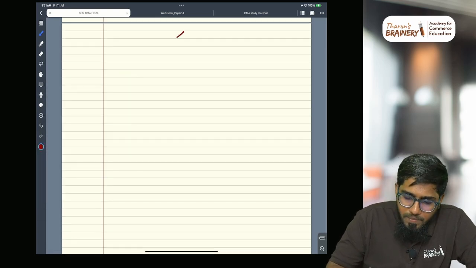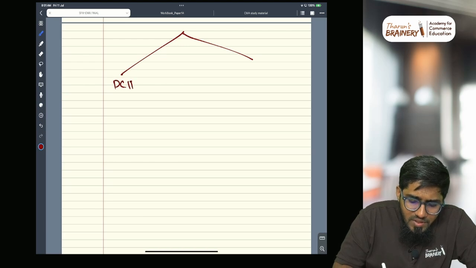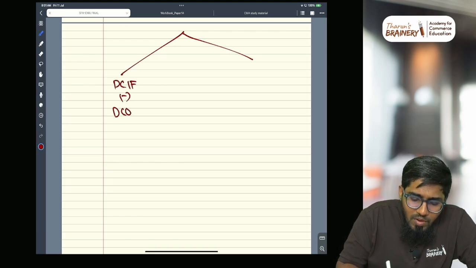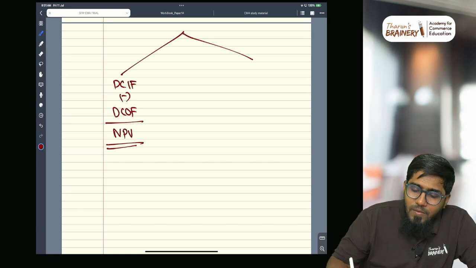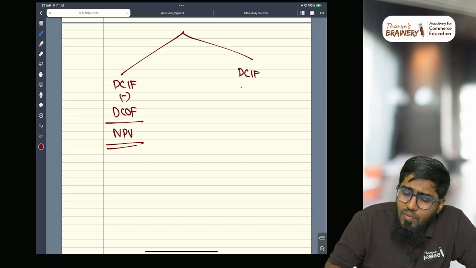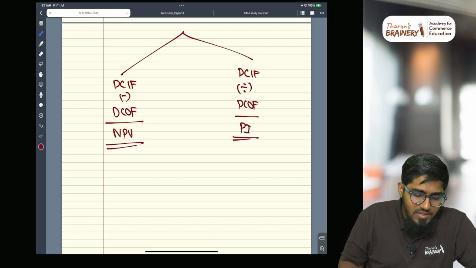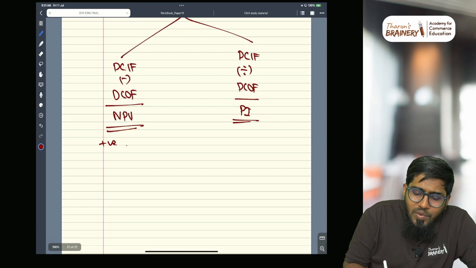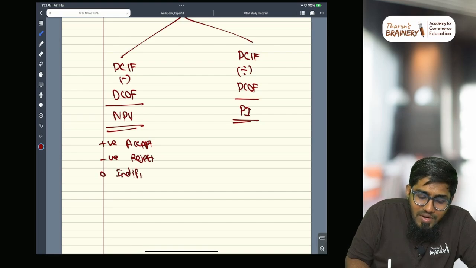Discounted cash inflow minus discounted cash outflow is NPV. Discounted cash inflow divided by discounted cash outflow is profitability index. Sir, what is the decision rule for one project? Positive, accept; negative, reject; zero, it is indifferent.